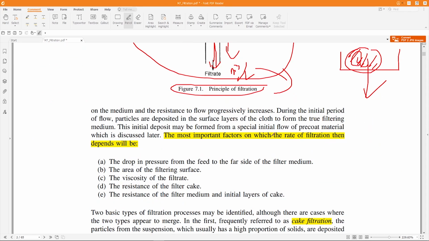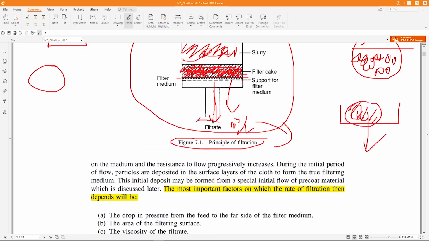Within this, what are the important factors on which the rate of filtration depends? Let's assume that the filtrate is the very important product. I want to know the flow rate of this filtrate, and on what factors it will depend. The volume of filtrate collected per unit time is nothing but the rate of filtration.